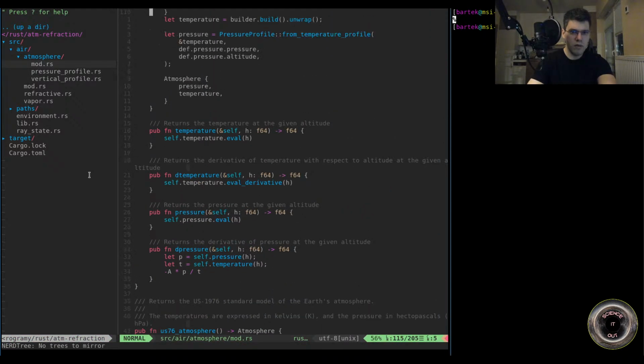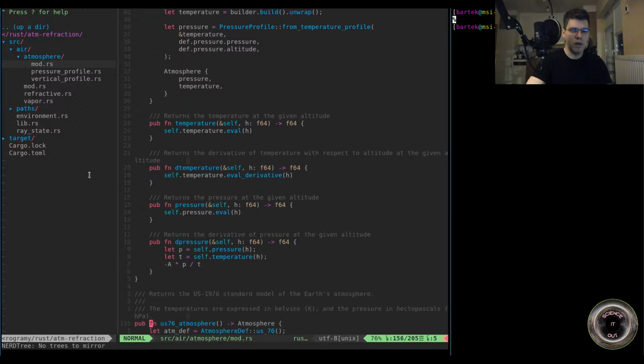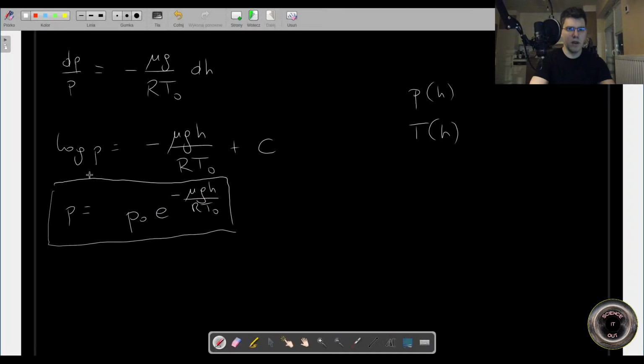Okay, yeah. So you can see that you can take this atmosphere object and you can calculate the derivative of temperature, and you can calculate the derivative of pressure, and the derivative of pressure is simply calculated using this equation, basically this. Only instead of this, it's the H here and it's P here.